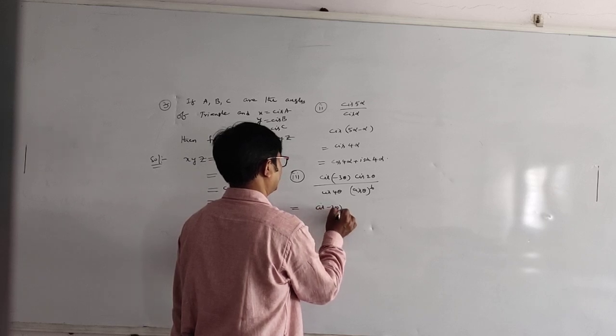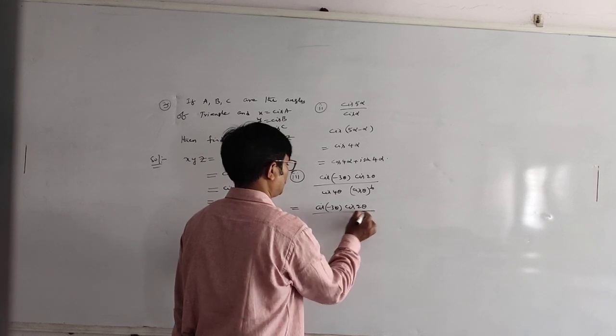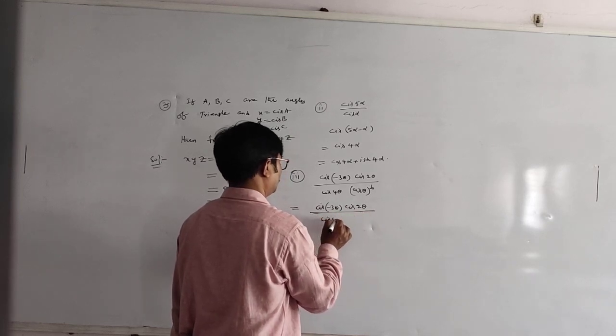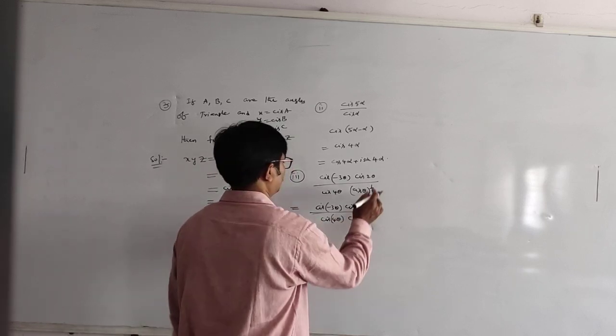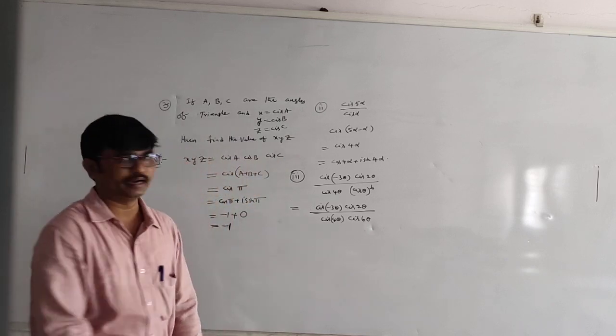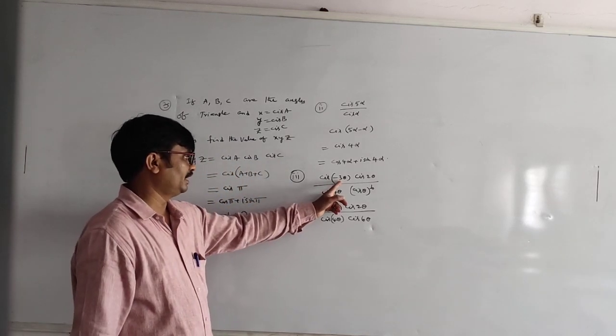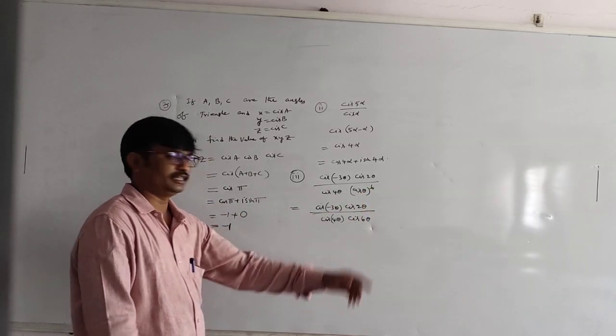Cis of minus 3 theta, cis of 2 theta, cis of 4 theta, and cis theta to the power 6 is cis of 6 theta.